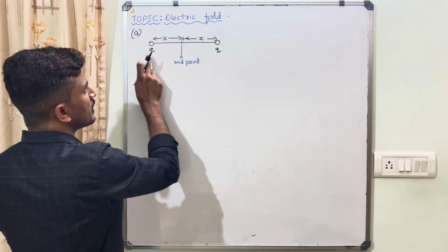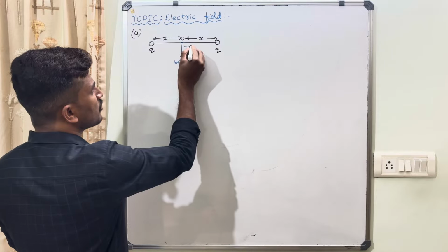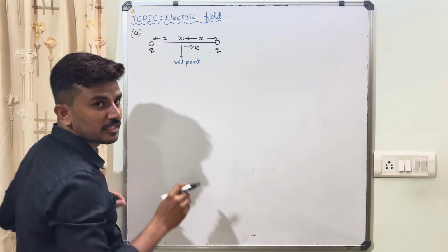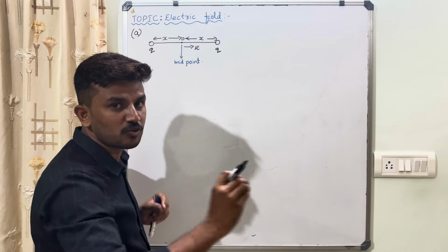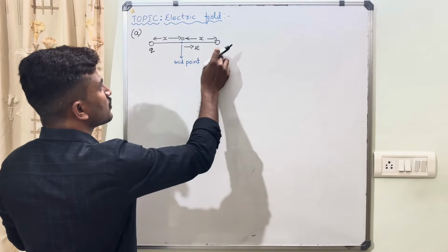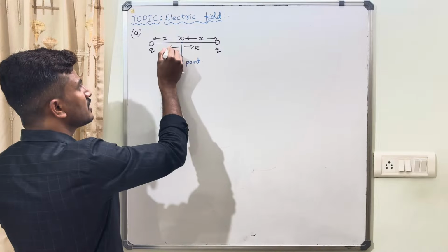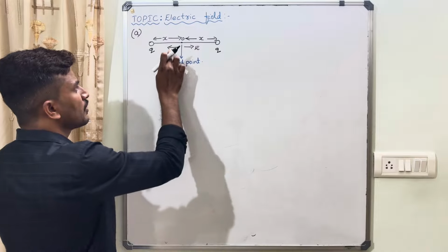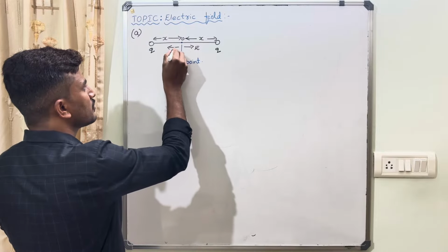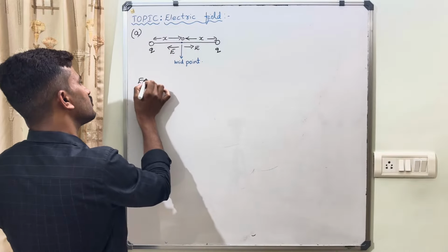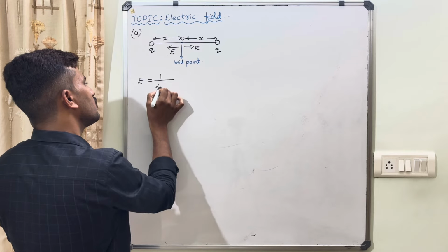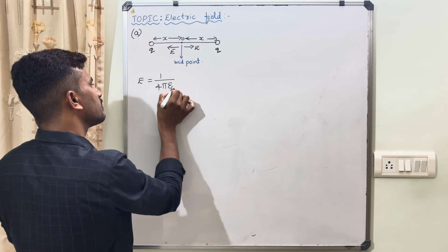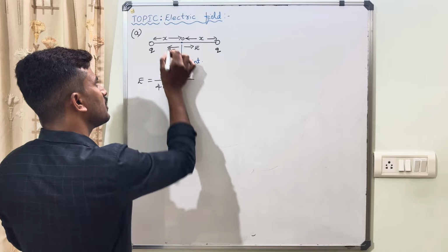At this particular point, the electric field due to this one will be radial outwards. For a positive charge, the electric field is directed radially outwards. This is also a positive charge, so the electric field is directed outwards. What is the magnitude of the electric field? E is equal to, for a point charge, 1 over 4 pi epsilon naught q divided by x square.